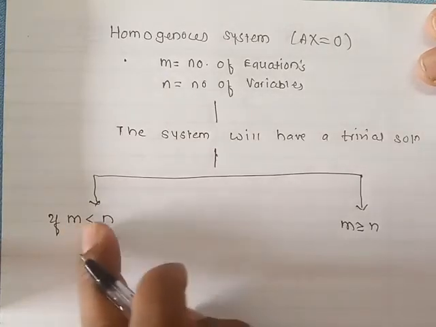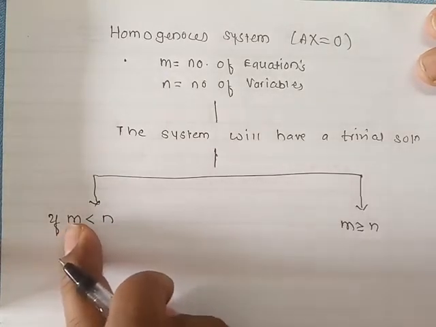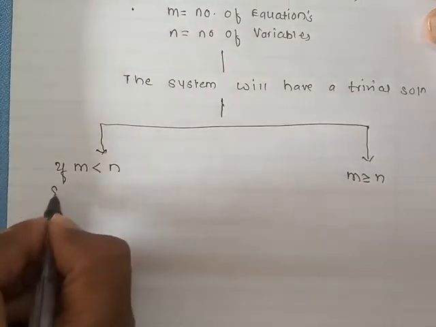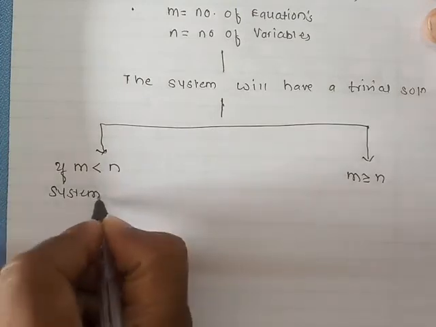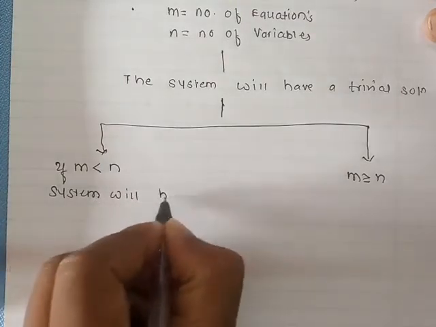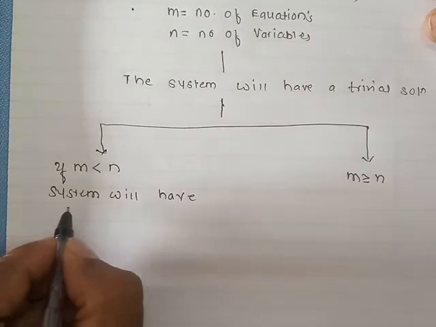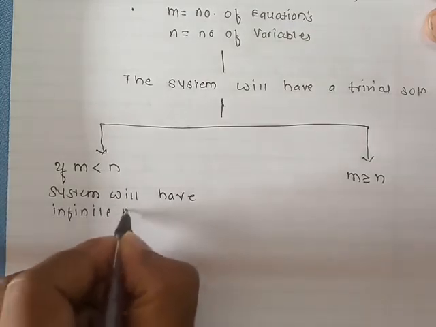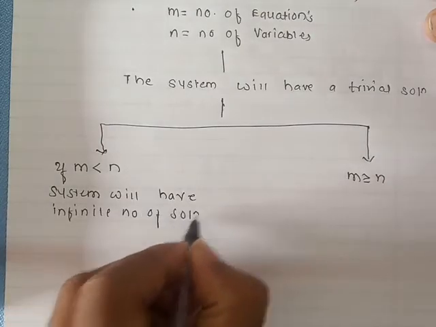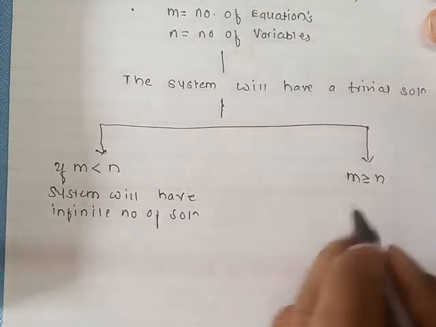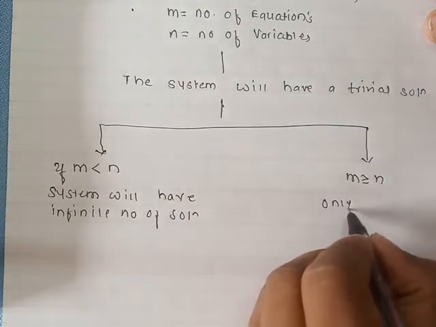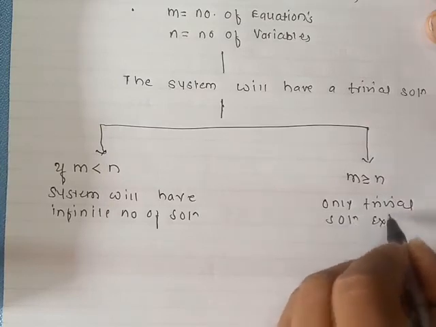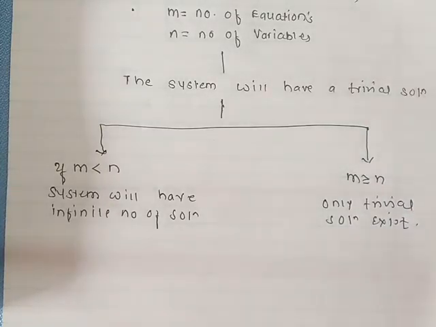Now if m is strictly less than n, that is, the number of equations is strictly less than the number of unknowns or variables, then the system will have an infinite number of solutions, and in this case not only the trivial solution exists.